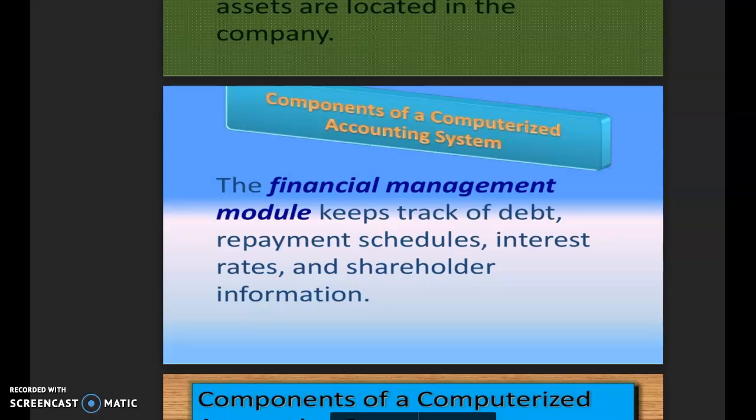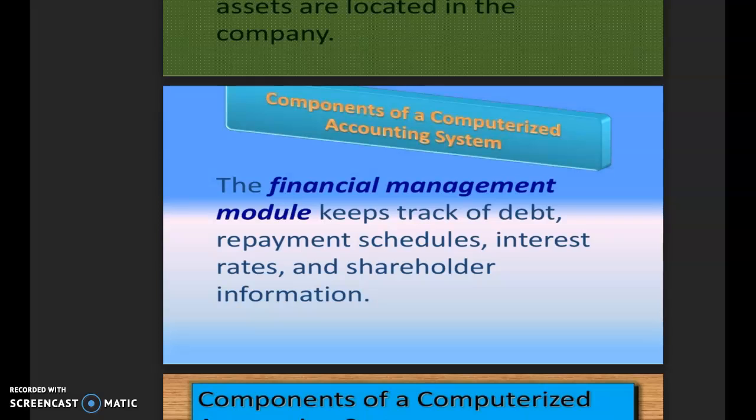Then with reference to financial management, as I told you earlier, the whole accounting system transfers from manual to the computerized system, and it keeps a track record of the debt or the loan of the organization, the capital of the organization, the repayment schedule of the loans, interest rates, shareholder information, and various other aspects relating to the financial management module or system.